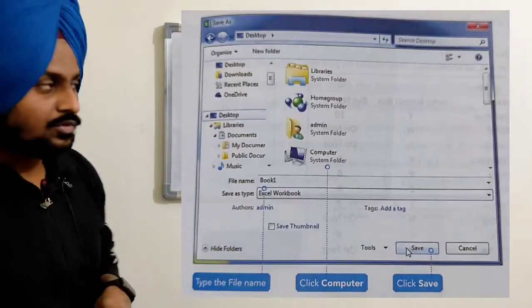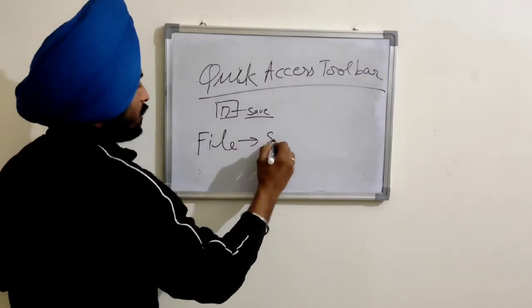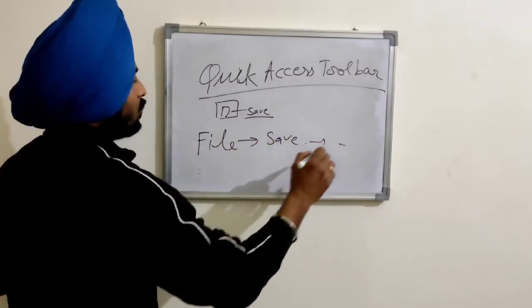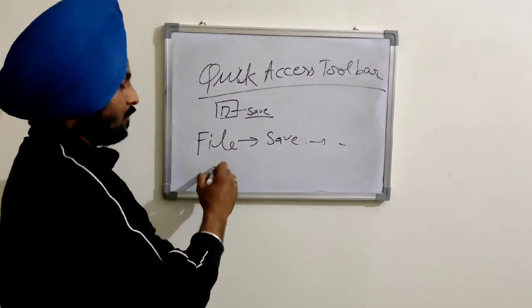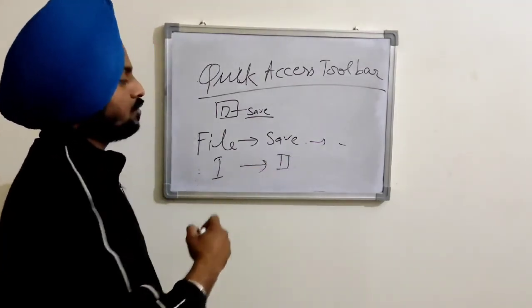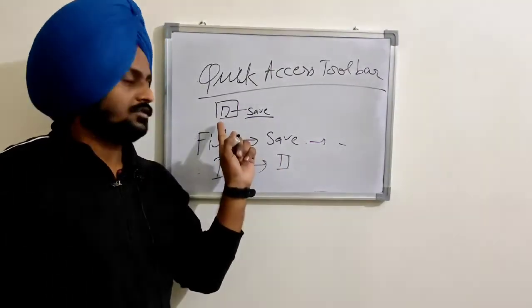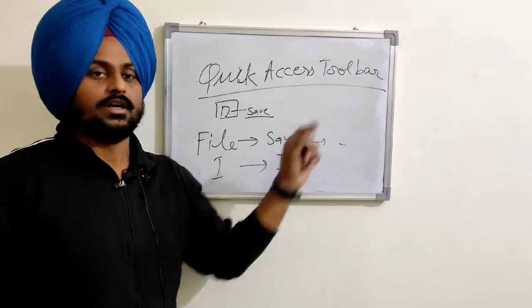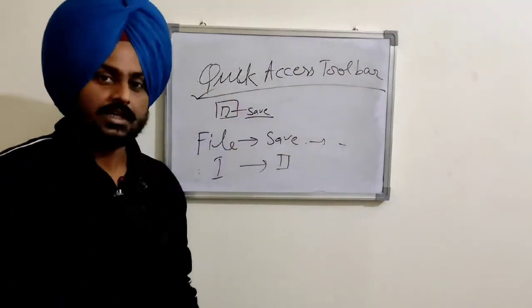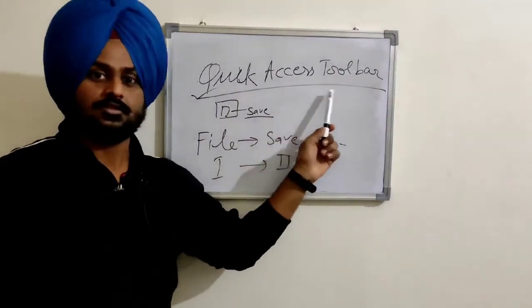Otherwise, the second way is to go to the file tab, where you will find the save option, then a dialog box will appear. So here you are following 2 steps. Instead of going to the file tab and save, simply you can click on this button on the quick access toolbar, so that you can quickly complete your work. That's why the name is quick access toolbar.